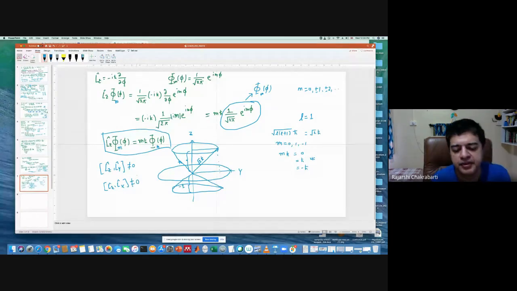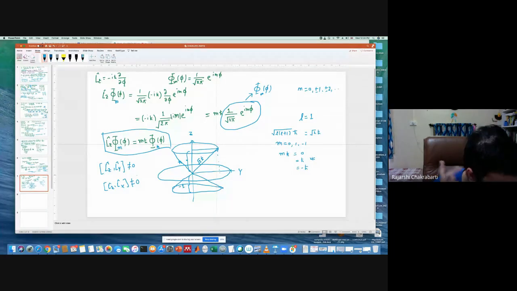So as a result, I have to draw this cone, because this vector could be anywhere. Only the projection of this vector on the z-axis is fixed, but the x and y components of this vector could be anything. As a result, I should have a cone.